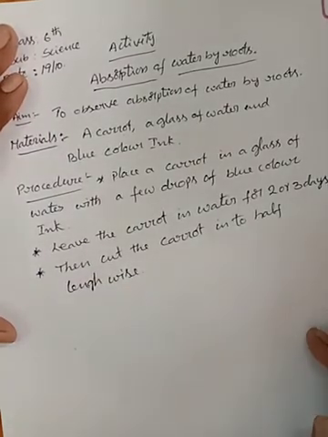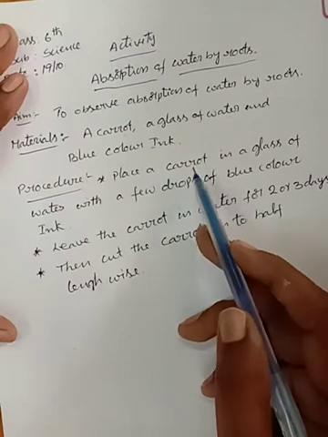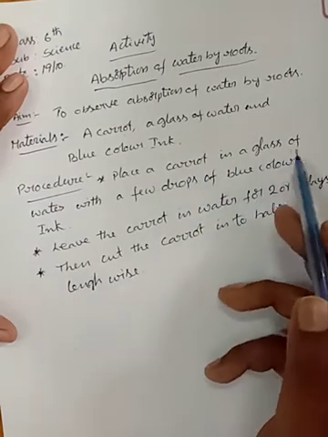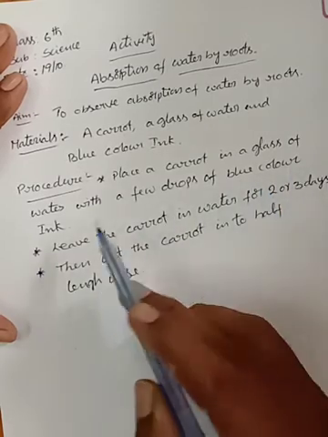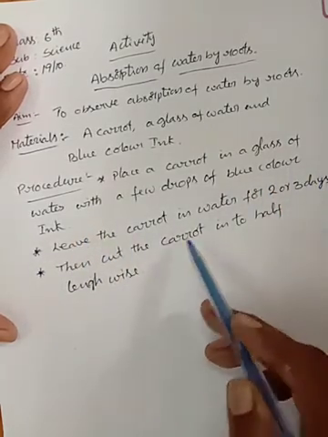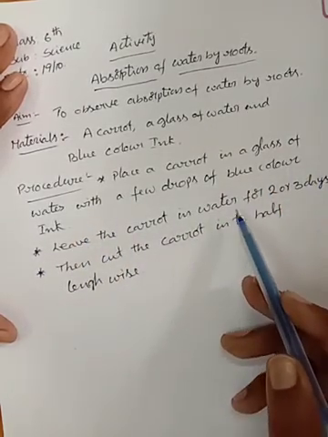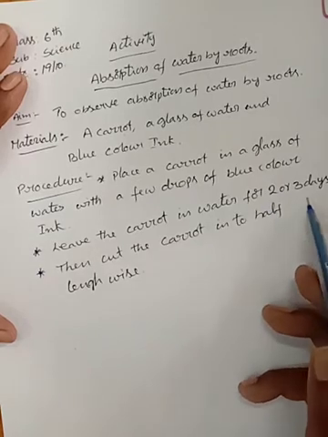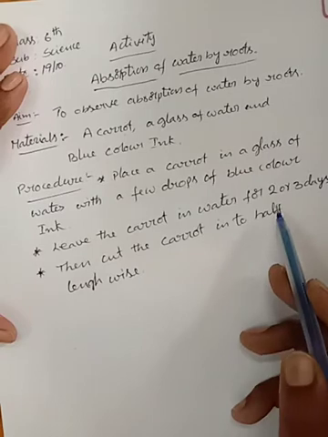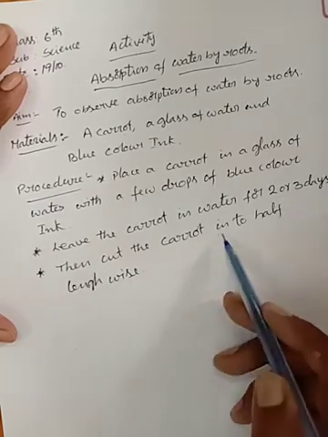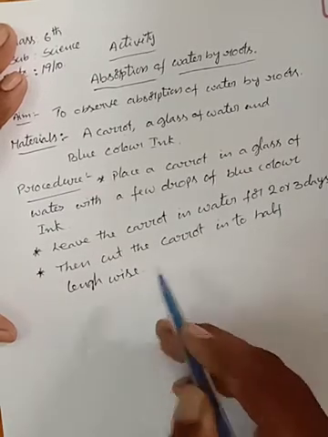See, children, first of all, we take one carrot and place it in a glass of water with a few drops of blue colored ink. Leave the carrot in the glass of water for 2 or 3 days. Then, after completion of the 2 or 3 days, cut the carrot into half lengthwise.